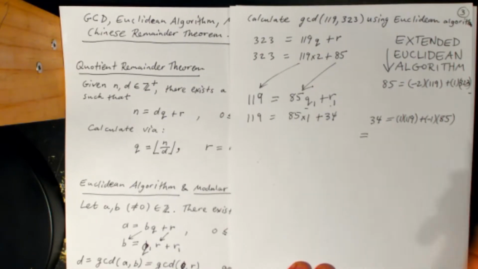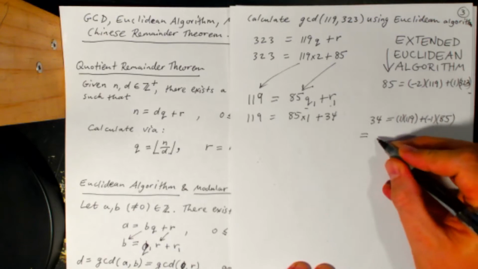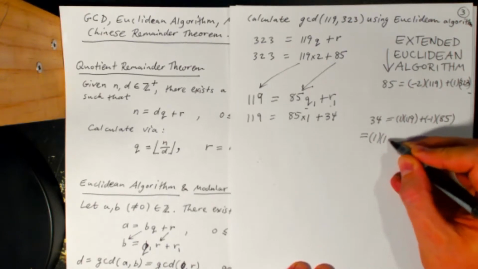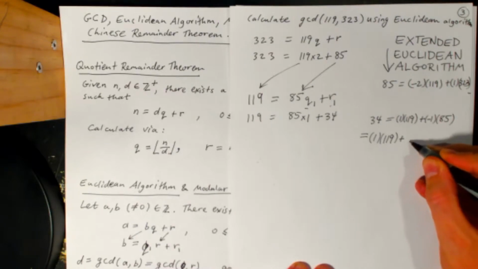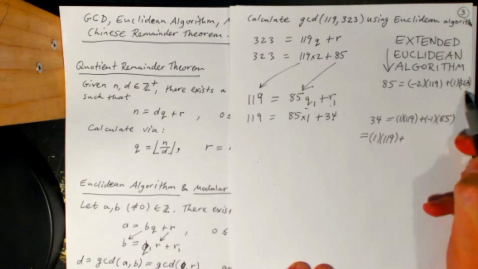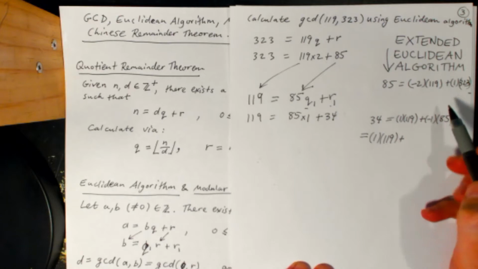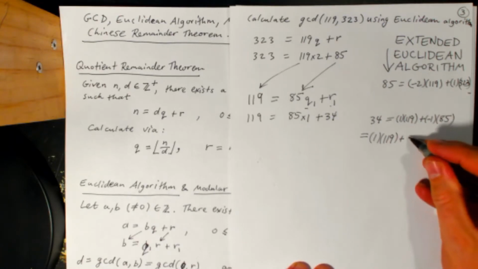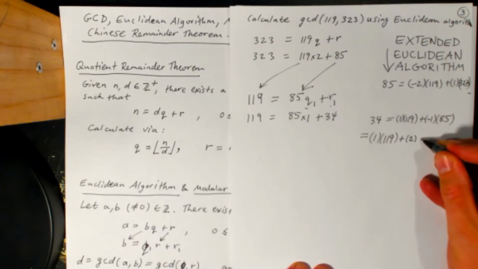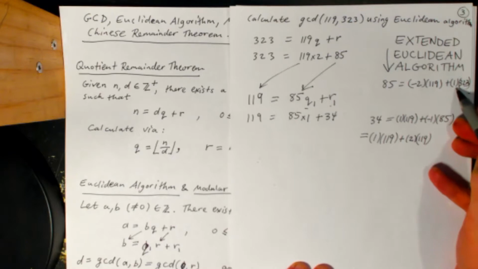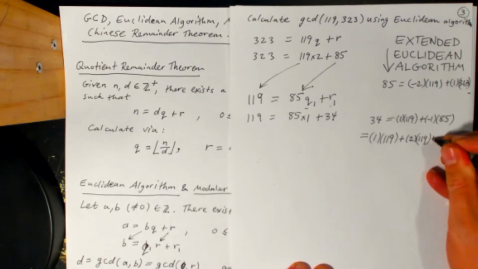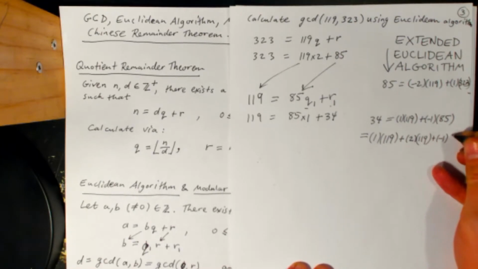Okay, now we need a little bit more space to make this substitution. So 1 times 119, and then we have plus minus 1 times what we have here. Okay, so minus 1 times minus 2 is plus 2 times 119, and minus 1 times minus 1 is minus 1 times 323.